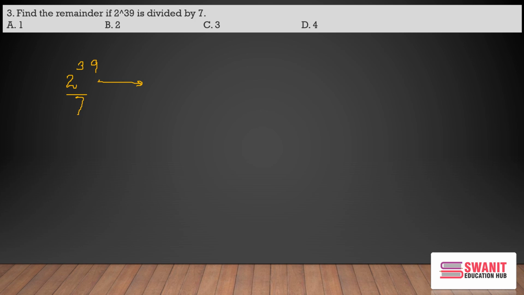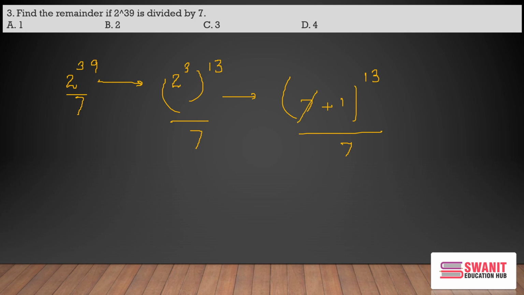So when we talk about 2 raised to the power 39, I can simply write it as 2 cube to the whole power 13 divided by 7, so that I can write it as 8 to the power 13, which is nothing but 7 plus 1 to the power 13 divided by 7. Now in 7 plus 1 to the power 13 divided by 7, this 7 will have no role in the remainder, hence I can ignore it.